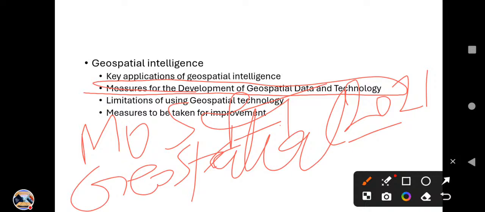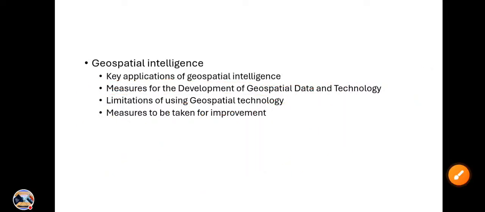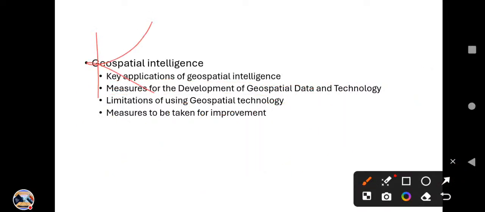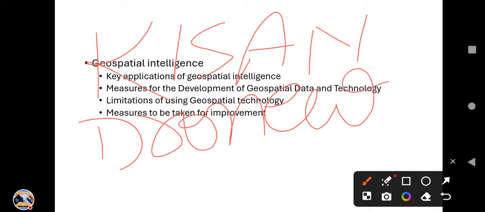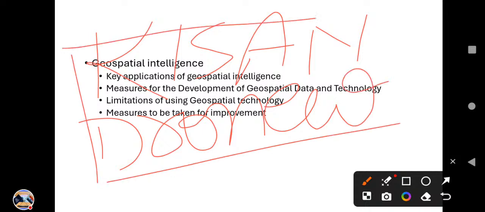Union Budget 2022-2023 suggested government support for the use of Kisan drone. Okay, the Kisan drone scheme was launched in Budget 2022 for land assessment, digitization of land records and spraying insecticides and nutrients.